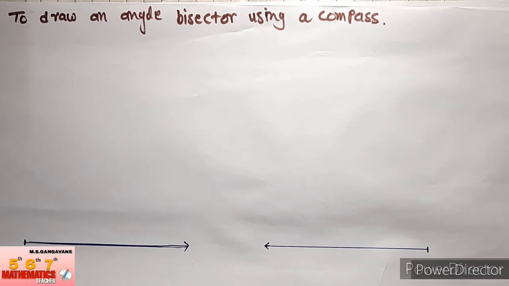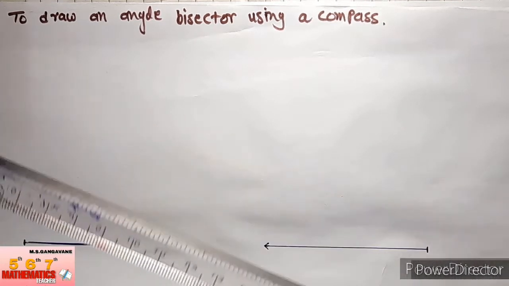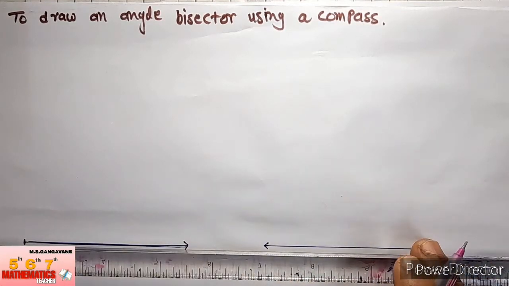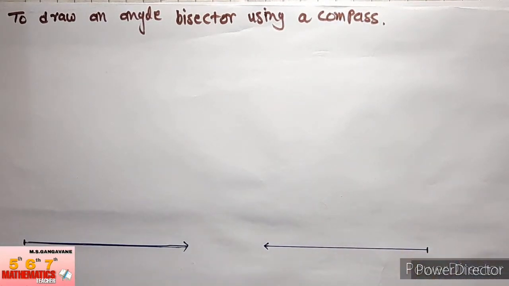Now, use the ruler and pencil, draw an arc on paper. Now, give the names B, C.